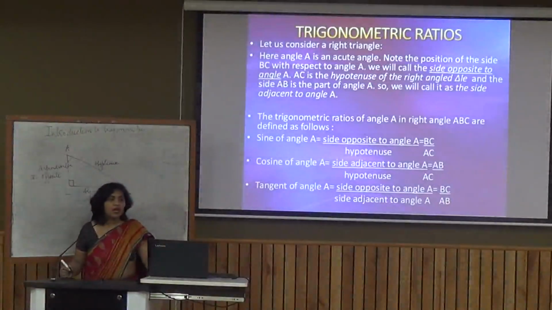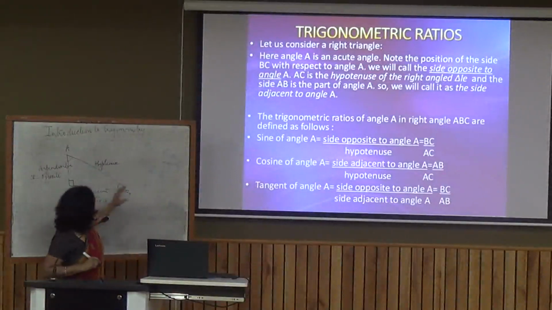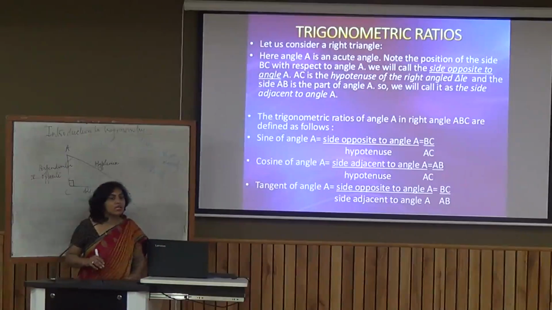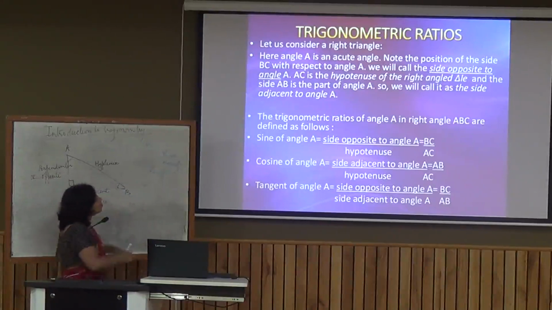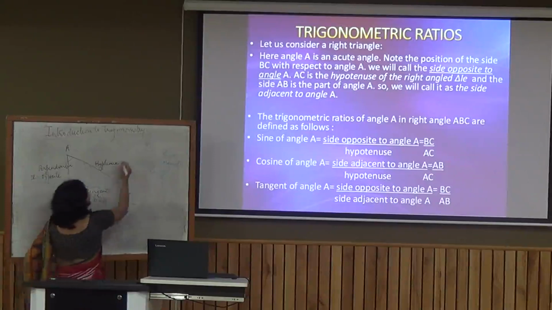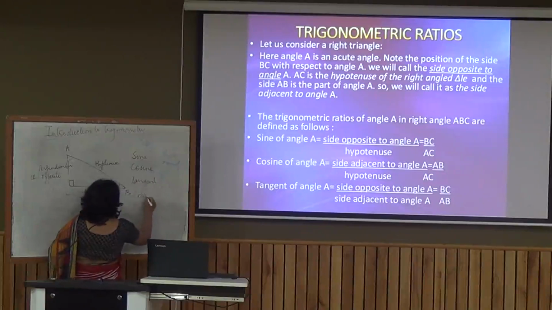Now let's see our trigonometric ratios. What are trigonometric ratios? Here angle A is an acute angle. The position of the side BC with respect to angle A is opposite. We have got 6 ratios: sine, cosine, tangent, cotangent, secant and cosecant.